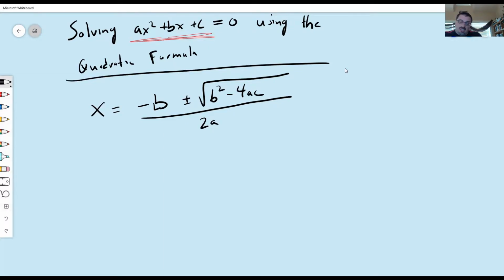I'm making a couple of notes on the quadratic formula. In general, it's slower than factoring. It takes more space.